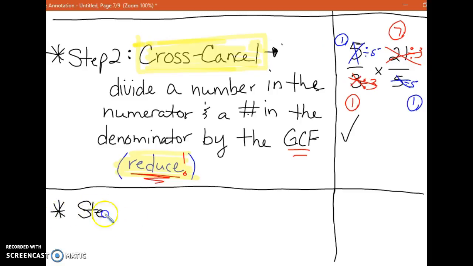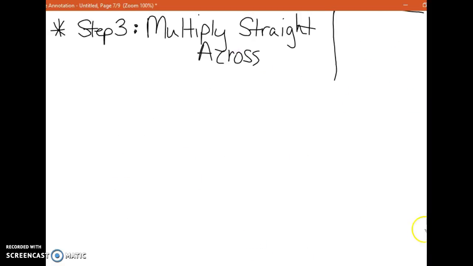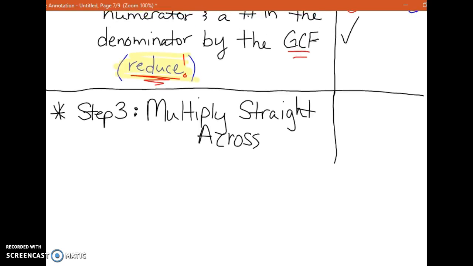Step 3, when we are multiplying mixed numbers, is to simply multiply straight across. So what does this mean? This means that right now we have a numerator over a denominator times a numerator over a denominator.